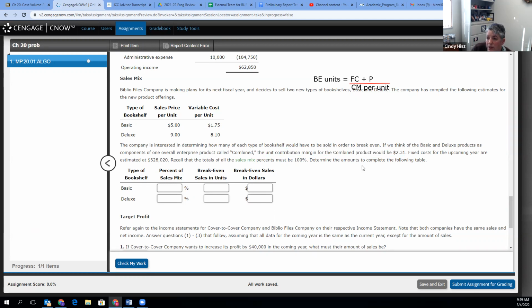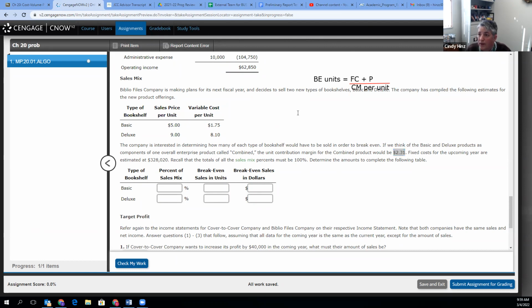Actually, from here, you can calculate the contribution margin per unit. And from that, you can calculate what the weights must be, because it tells you what the weighted contribution margin is. It's actually a bit more complex.